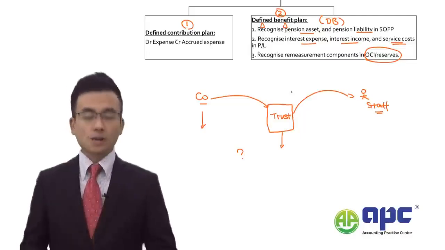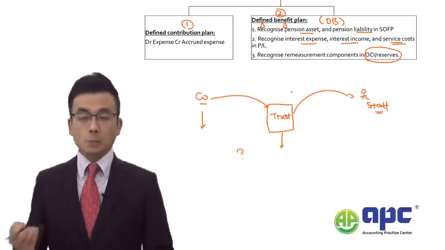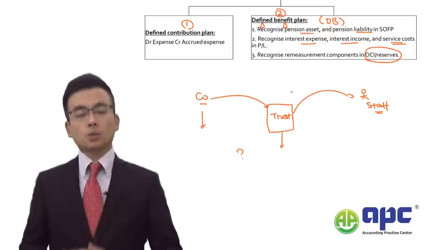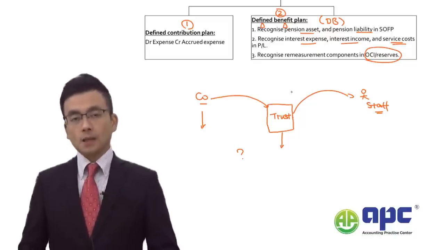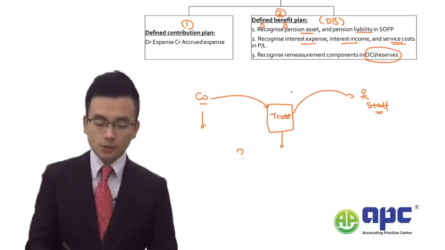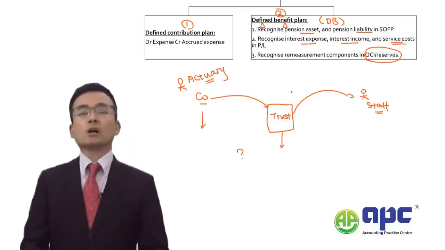We call it the remeasurement component, okay, or in the past we called it the actuarial gains and losses. What I mean by actuarial gains and losses is that in the DB scheme, we promise staff that they will get certain amounts of money when they retire. This is why we transfer the money into a trust company, but at the same time, we also need to employ an actuary to make sure that the value is calculated.